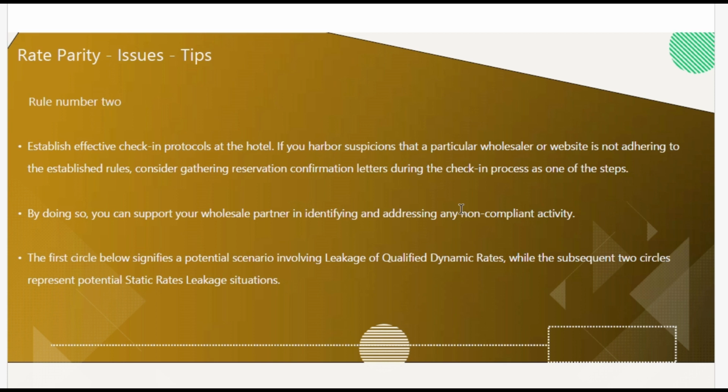The first circle below signifies a potential scenario involving leakage of qualified dynamic rates, while the subsequent two circles represent potential static rates leakage situations. For this one, there's a diagram which, due to some technical limitations, I wasn't able to include here or in the following slide.